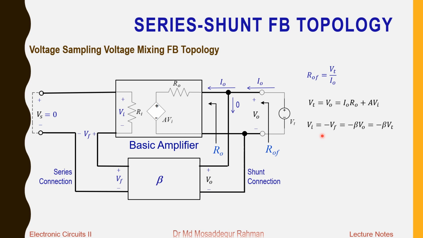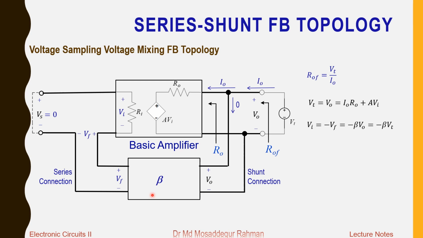They just have the opposite sign, and Vf from the feedback network will be beta V naught. So Vf is beta V naught, and V naught is the output of the basic amplifier, which is here the same as Vt, so we just write minus beta Vt.